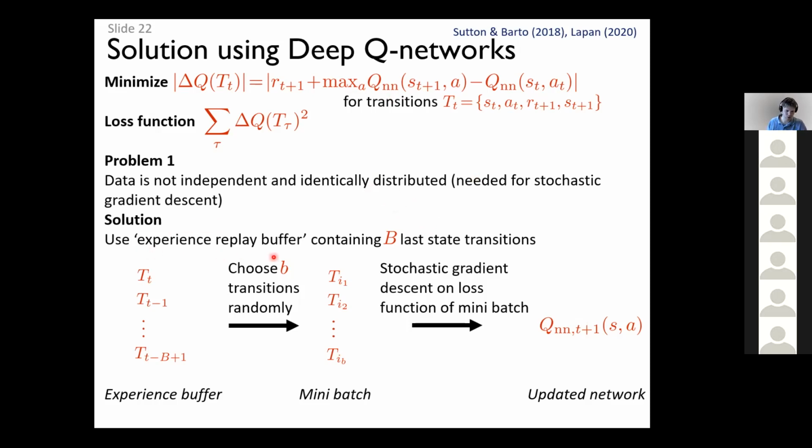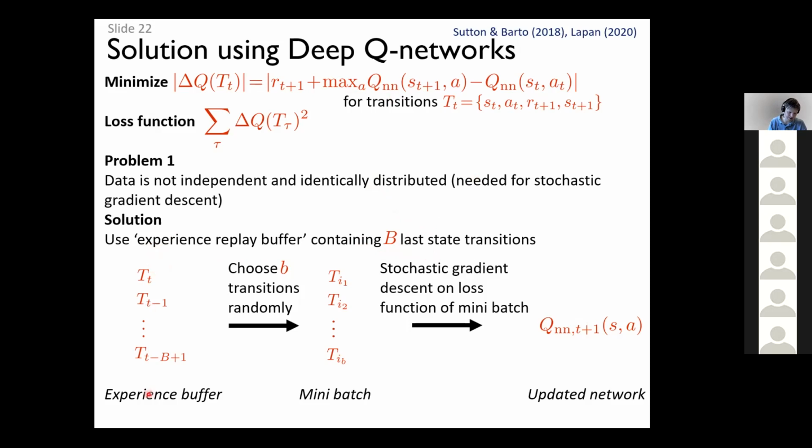And the solution to this problem is to build a buffer, called an experience replay buffer, containing a large number of last state transitions. So I think I suggested 10,000 in the home problem or something.